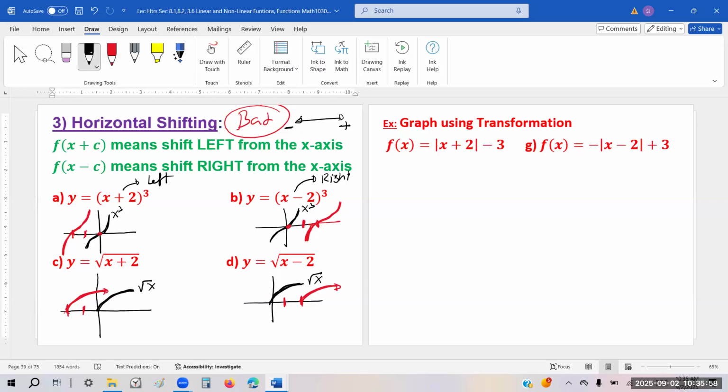So question, this +2 inside your absolute value, which direction is supposed to go? Good job. Inside means left, right, opposite sign. And then you have a -3 after the absolute value. Which direction? After the absolute value. Down.